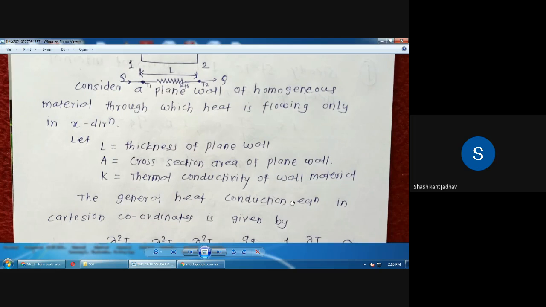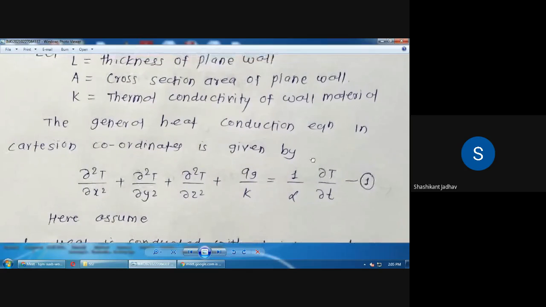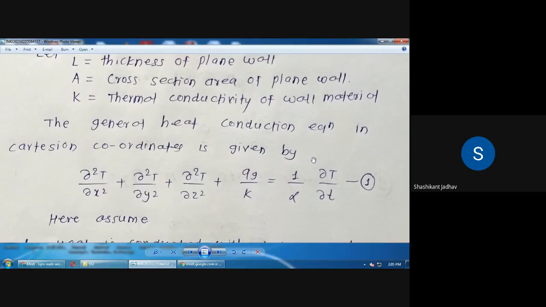Then write down the general heat conduction equation in Cartesian coordinates, which is given by the following.